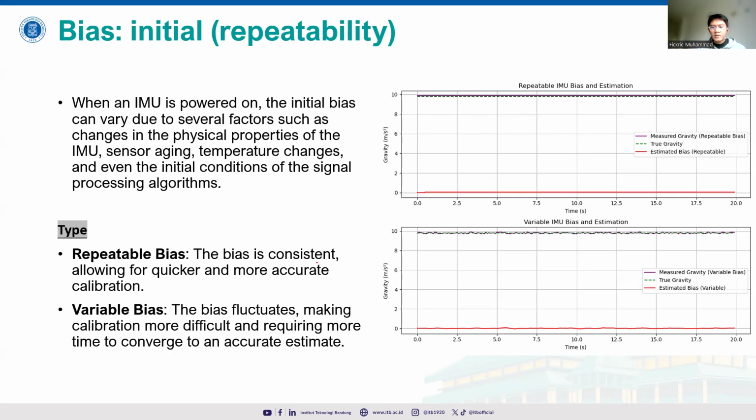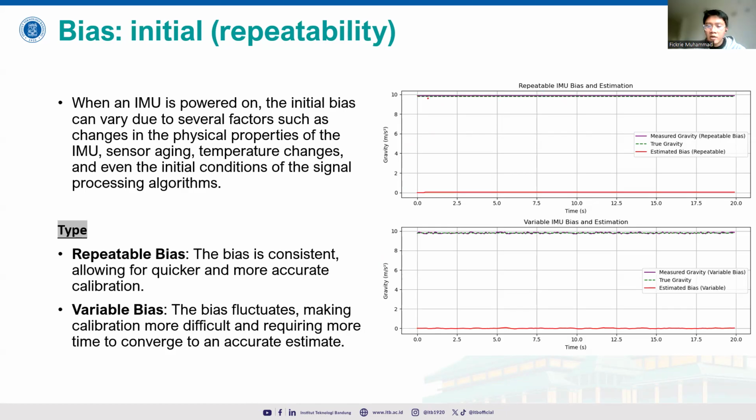And the variable bias fluctuates, making the calibration more difficult because we need more time, different time frames, to see the behavior of this variable bias. But of course, we still have the bias. For example, here we have the IMU measurements, and because it's repeatable, the bias is always constant.